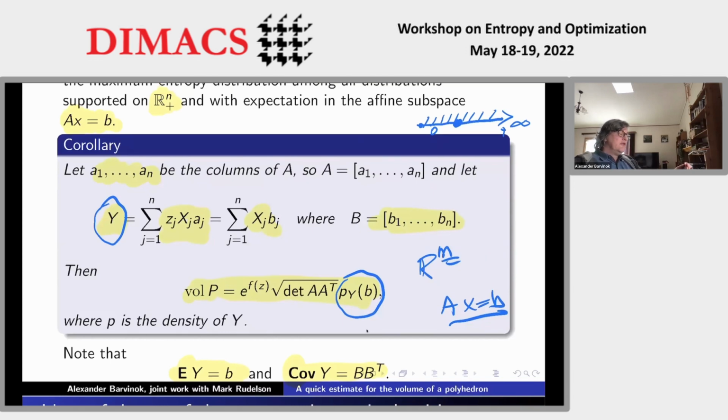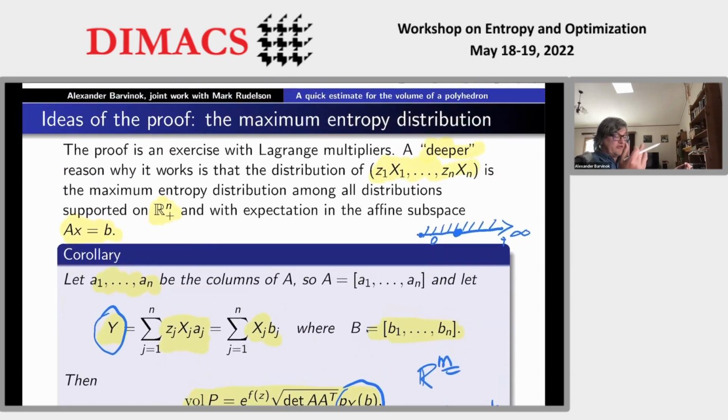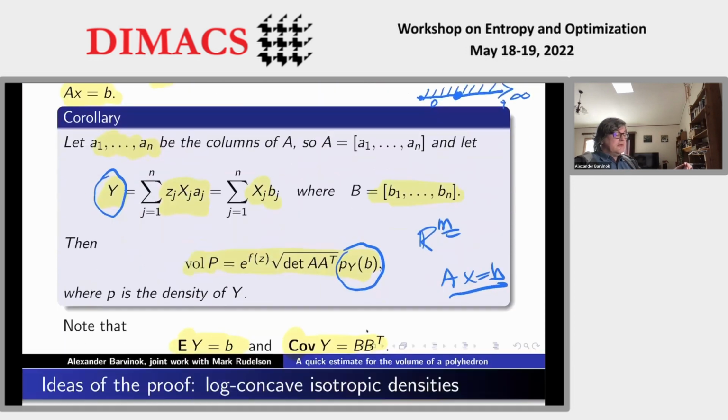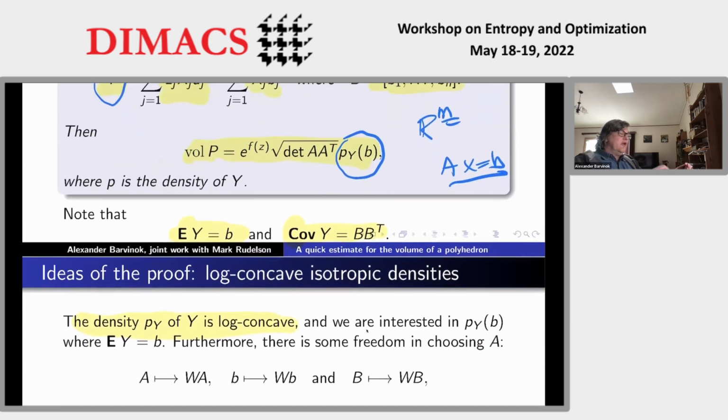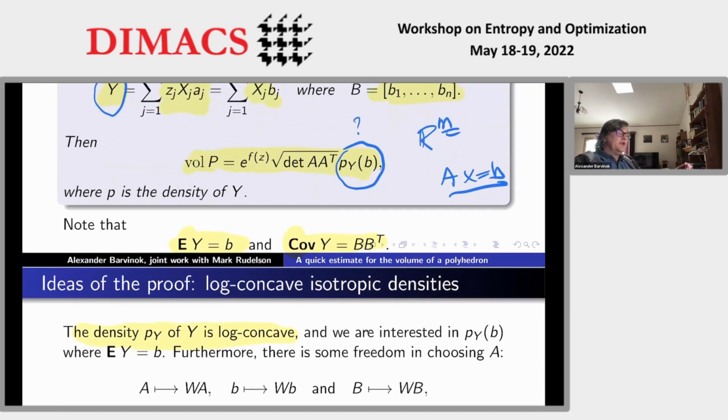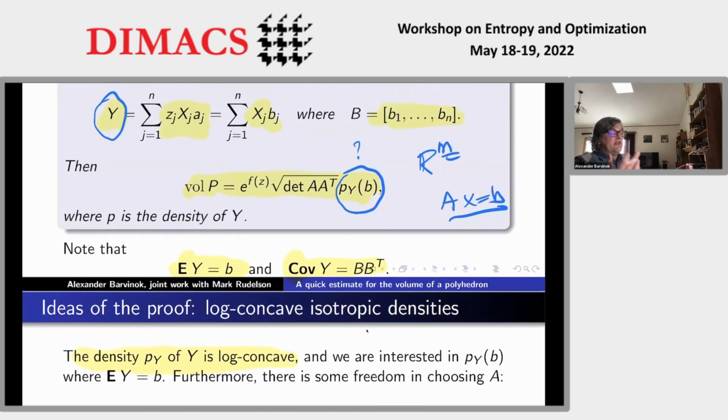Those x's are independent, we scale them by the analytic center, they're still independent. So what we get is a formula for the volume, where the only part we don't know exactly, though we know a lot about it, is some log-concave density computed at its expectation.